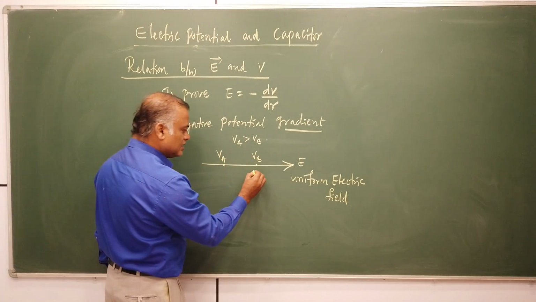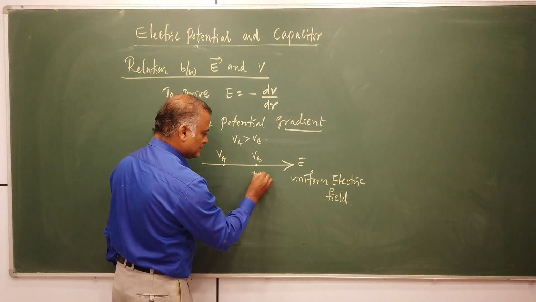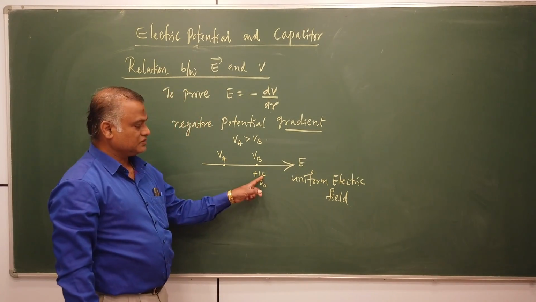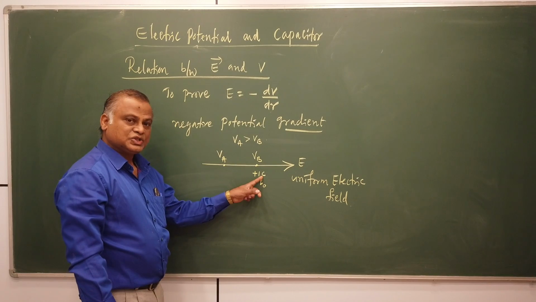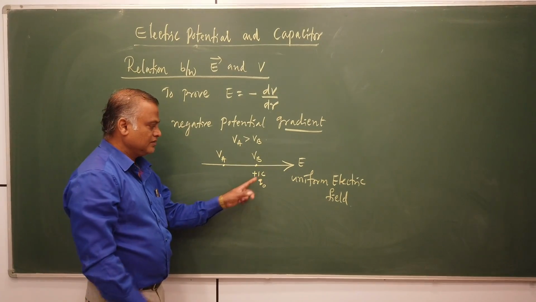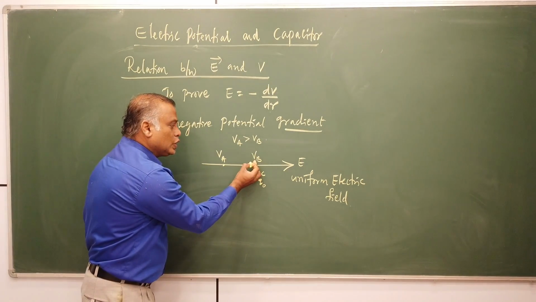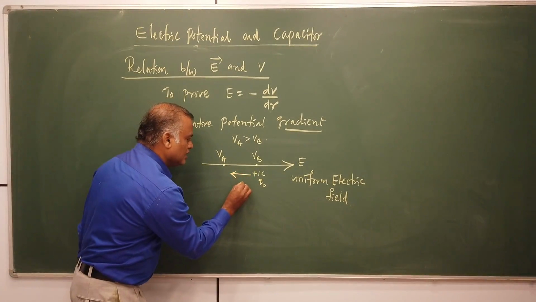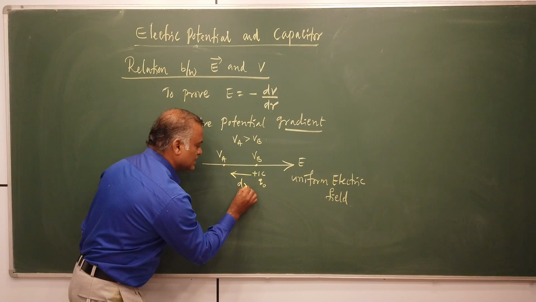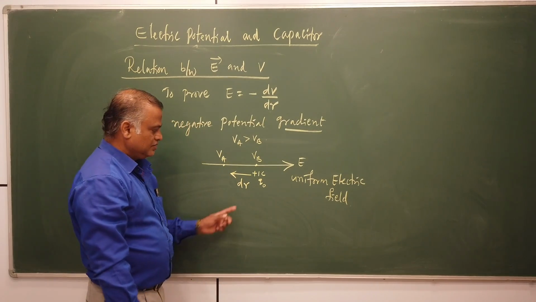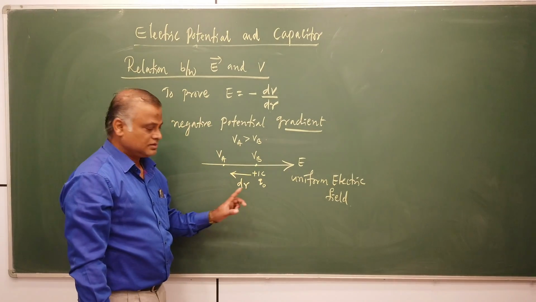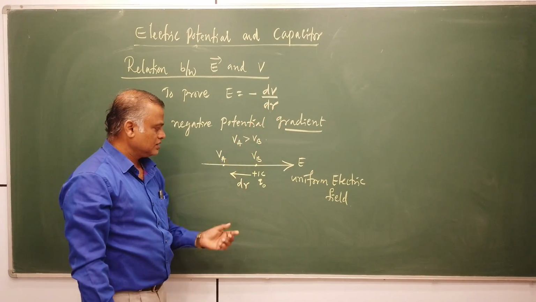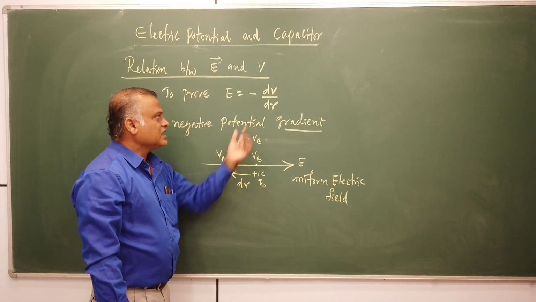Now take a test charge, that is Q0. Unit positive charge has to be carried from lower potential to higher potential through a small distance, let us say dr. You can choose dx also. Here I have taken dr. You can take your own letters. Usually dx or dr.